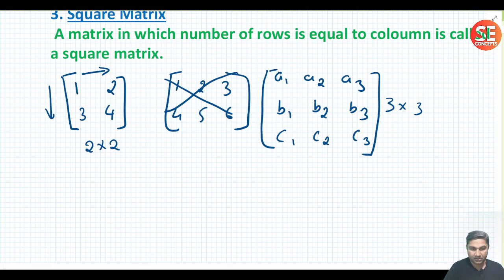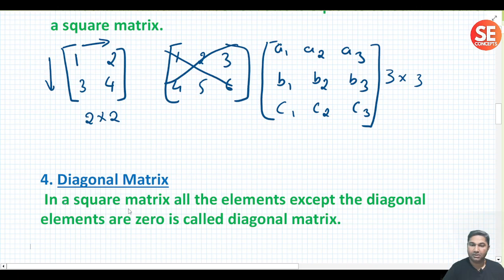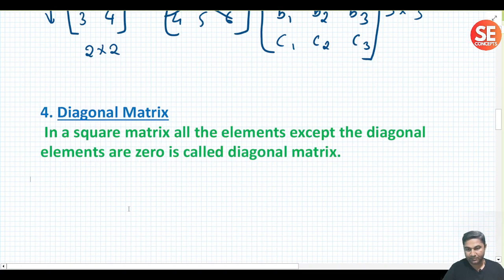After that, the next matrix is the diagonal matrix. It is also a square matrix. All the elements except the diagonal elements are 0. What is a diagonal element? Very important.